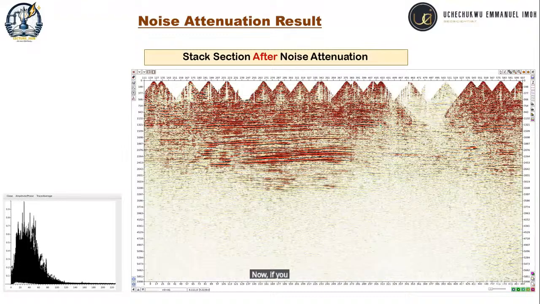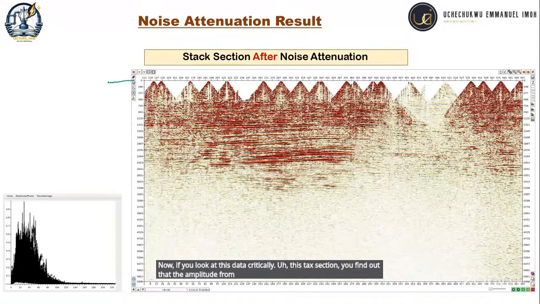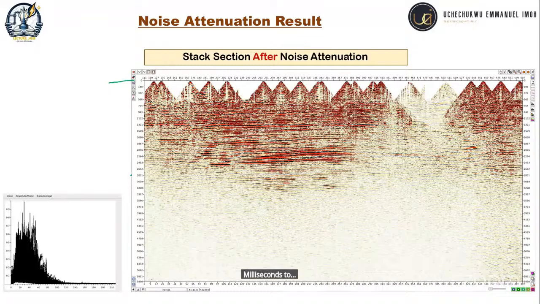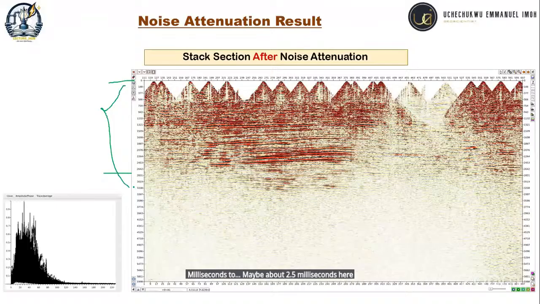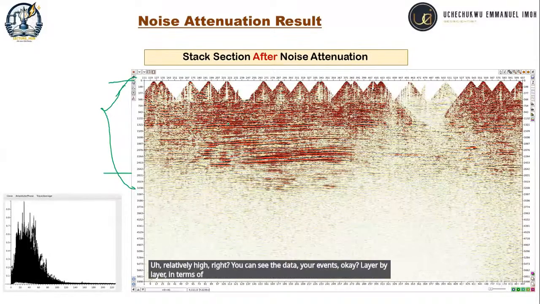Okay, so in the next 10 minutes, I'll take you through another processing step called amplitude compensation. Now, if you look at this stack section critically, you find that from 0 milliseconds to maybe about 2.5 seconds here, the amplitude is relatively high. You can see your events, layer by layer, in terms of peaks and troughs.